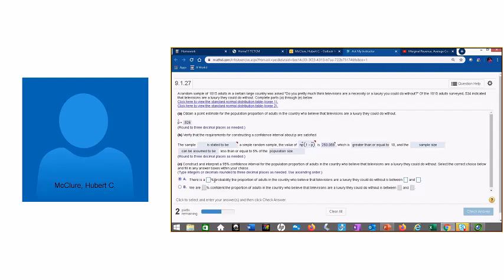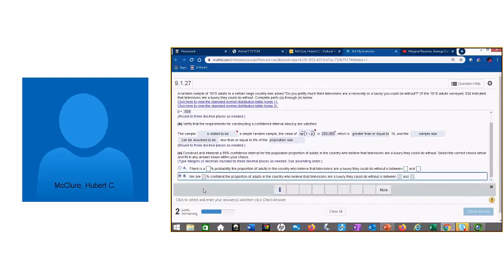What does it say to round to? It doesn't say round, does it? Three decimal places? Yeah, three decimal places. 0.496, which would be 0.497, and 0.555. Between 50 and 56%.